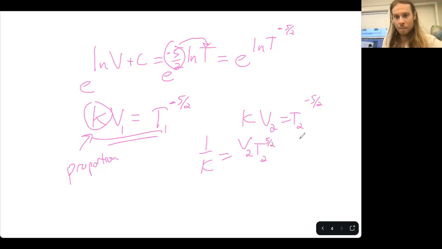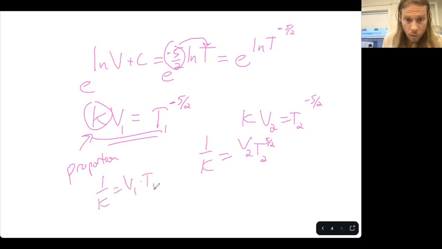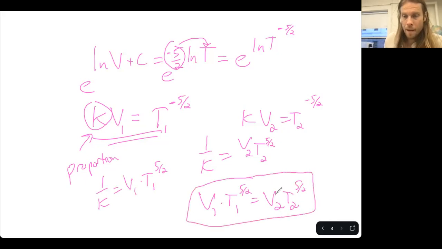There we go, got it. But 1 over k equals V1 times T1 to the 5/2, which means V1 times T1 to the 5/2 equals V2 times T2 to the 5/2. And that's how you solve for the second temperature.